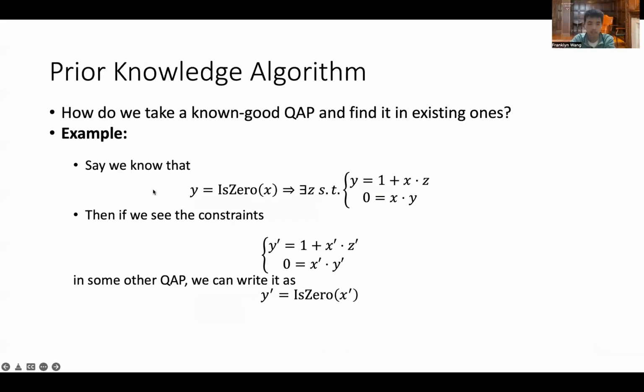So here's an example of a circuit. Let's look at y equals is 0 of x. This is something so that y is going to be 1 whenever x is 0, and otherwise y is always going to be 0. One can show that this is equivalent to the QAP, which is like there exists a z, so that y equals 1 plus x times z, and 0 equals x times y.